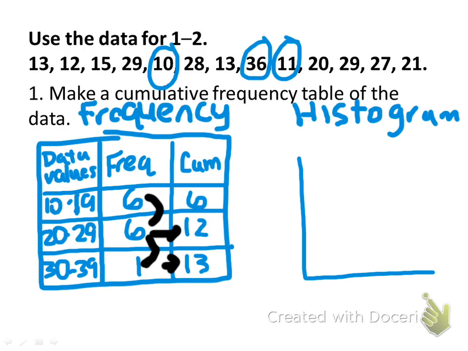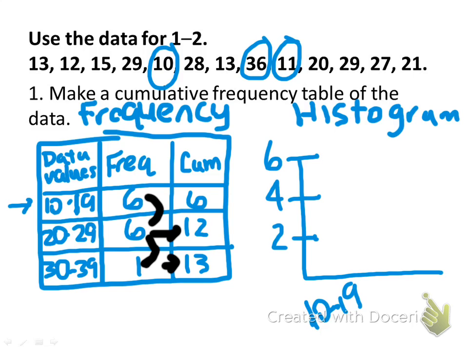Okay, if we were to make a histogram we would have these as the intervals. So my first histogram interval would be 10 to 19, and then I'm going to count by twos. So this would be 6.